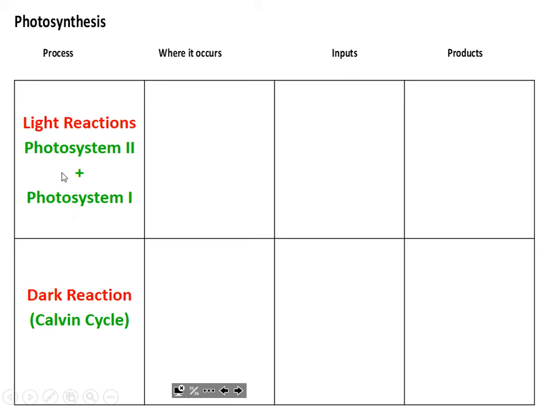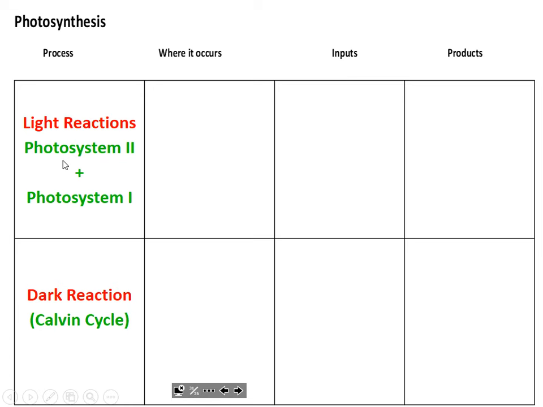Now, photosystem 2 actually comes first. Well, why didn't they call it photosystem 1 then? Because they didn't discover photosystem 2 until after they discovered photosystem 1.